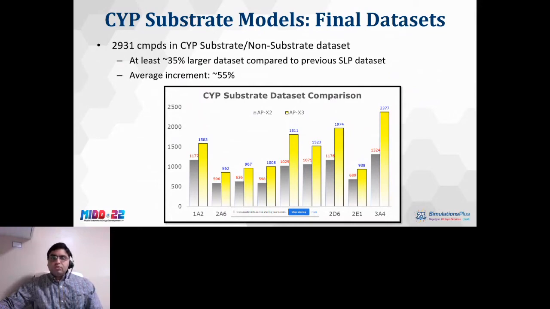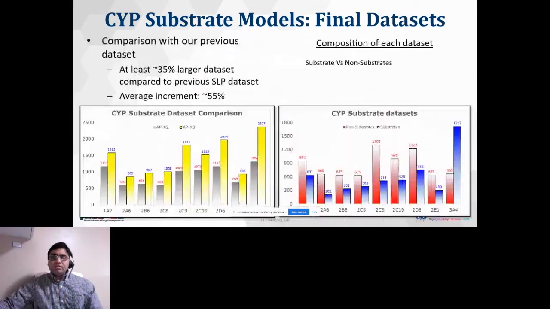If we look at the composition of each data set, almost all these CYP isoforms have non-substrates as the majority and substrate compounds as the minor class. Of course, as I mentioned in the beginning, 3A4 is the major contributor to CYP metabolism, and this is what we saw in our data set as well. We have a large number of substrates compared to non-substrate compounds in the 3A4 dataset.